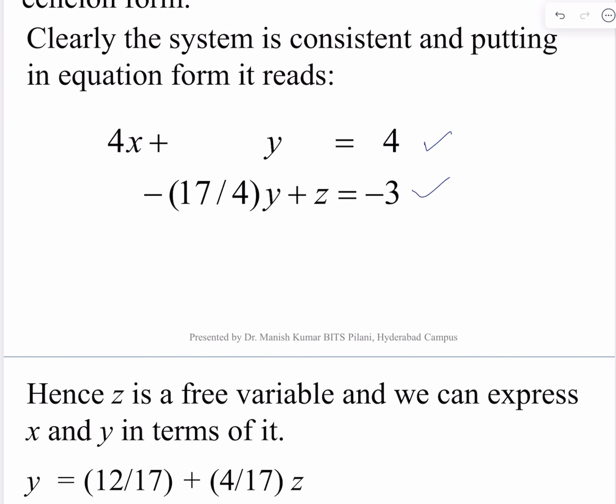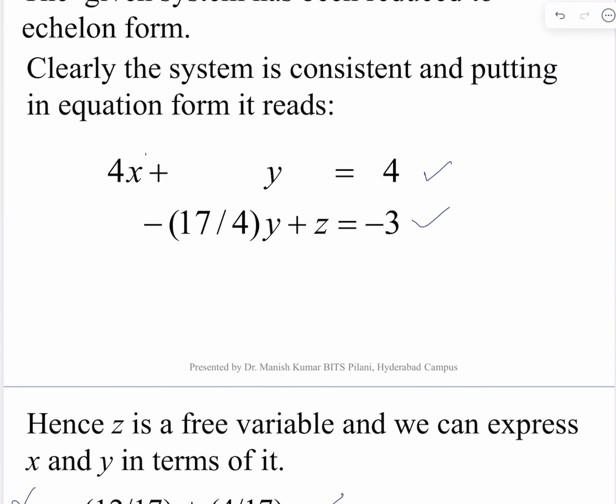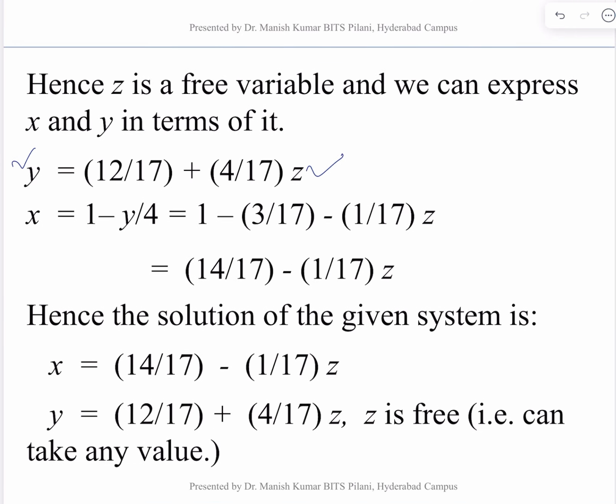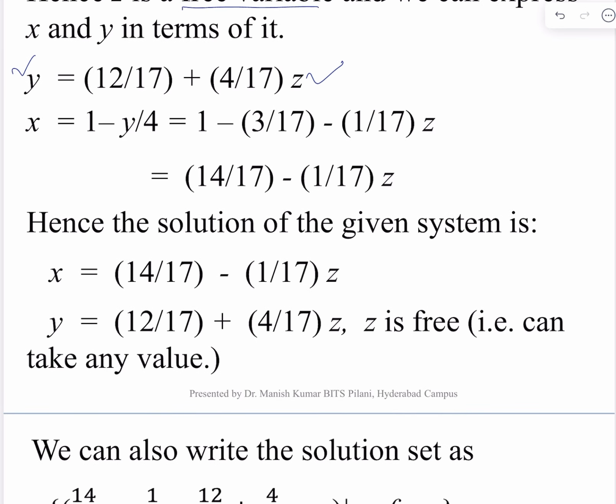Okay. Now, we solve y in terms of z, and then similarly x in terms of y, and since y is already dependent on z, x and y both depend on the z value. So z is called a free variable because z does not have any non-zero pivot entry. Hence we can write x in terms of z and y in terms of z, where z is a free variable.